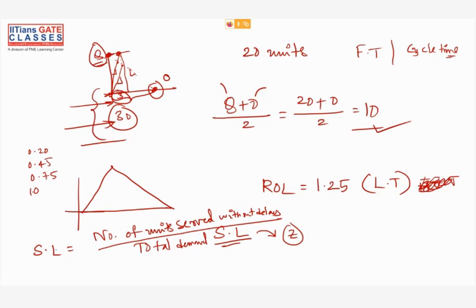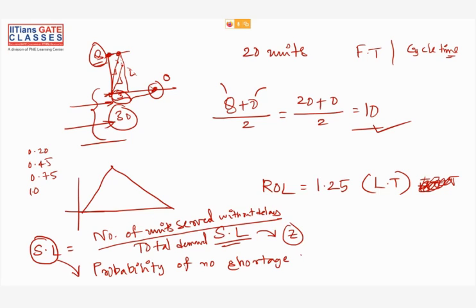So service level means what? What is the fraction of units that you have sold to the customer without any delay? I can say it like this also: probability of no shortage, or minimum shortage.